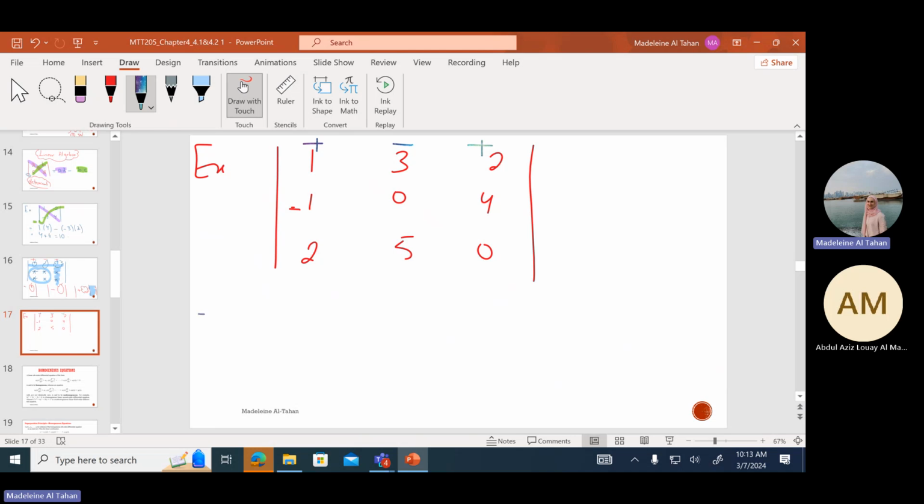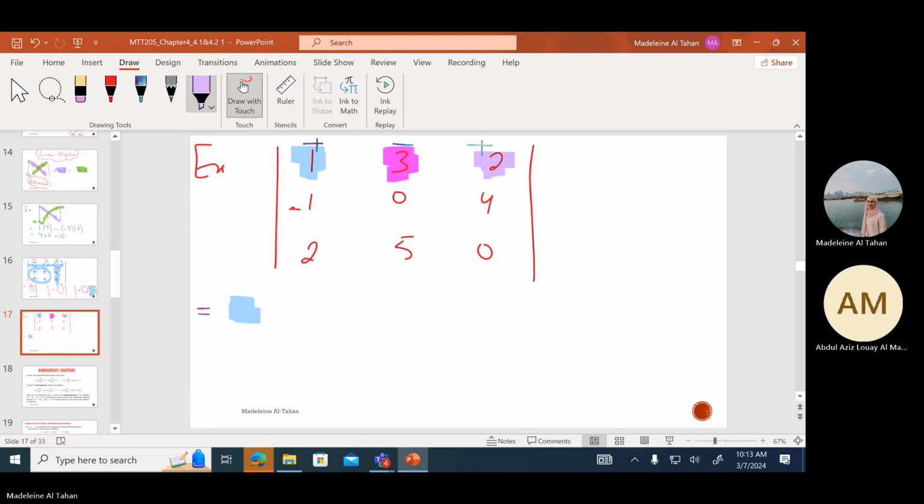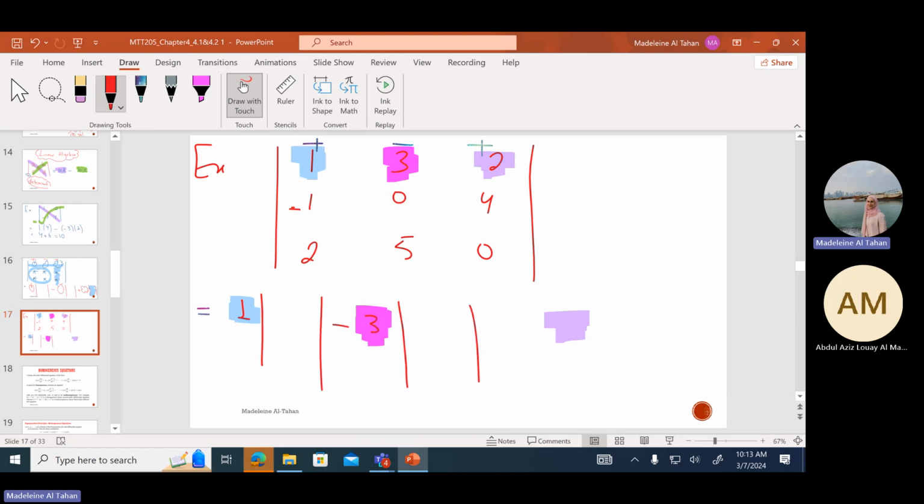So the blue is 1 times something, minus the 3 times something, plus the purple times something. The first step, are you okay with that?